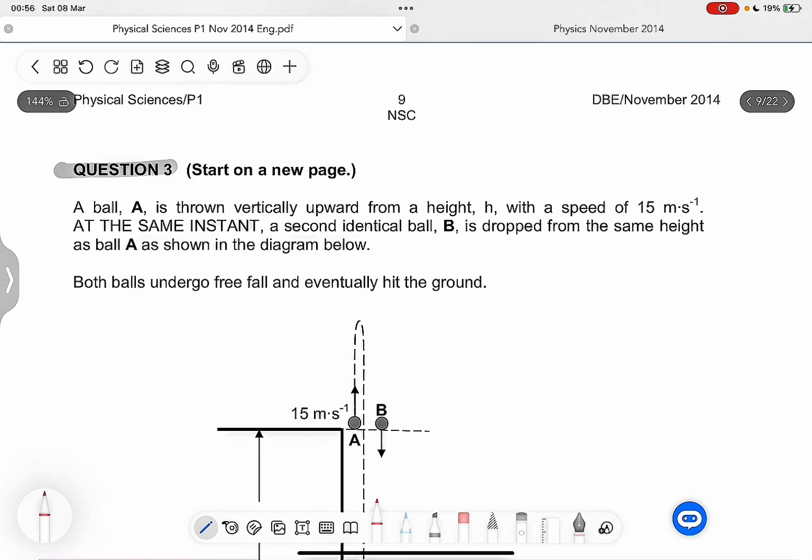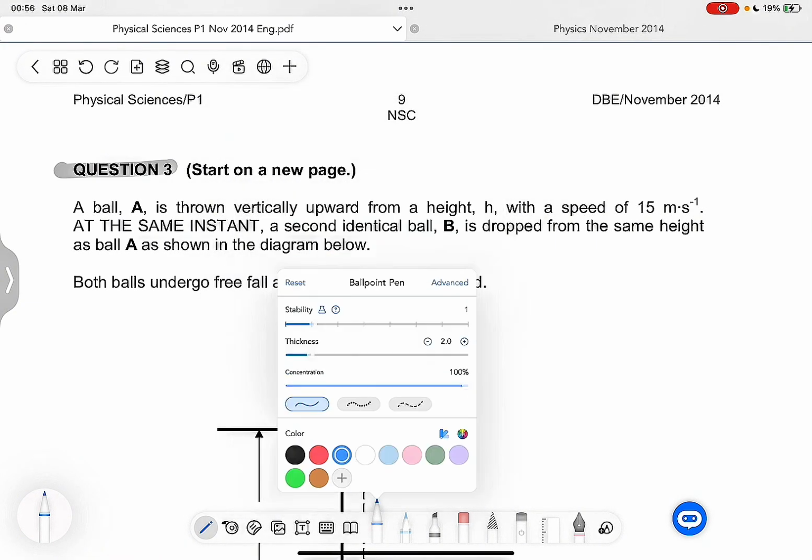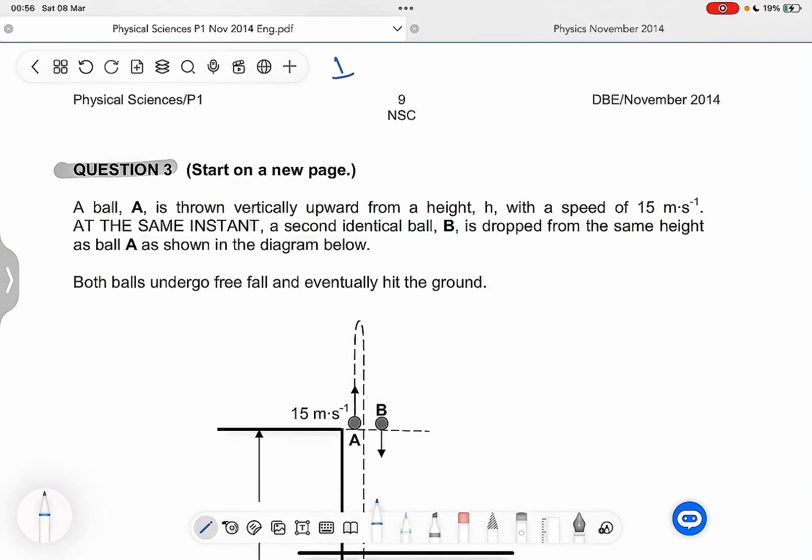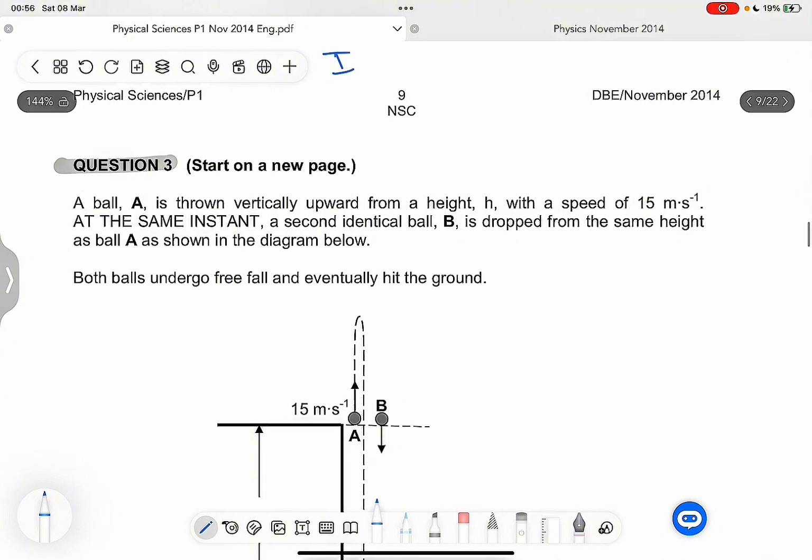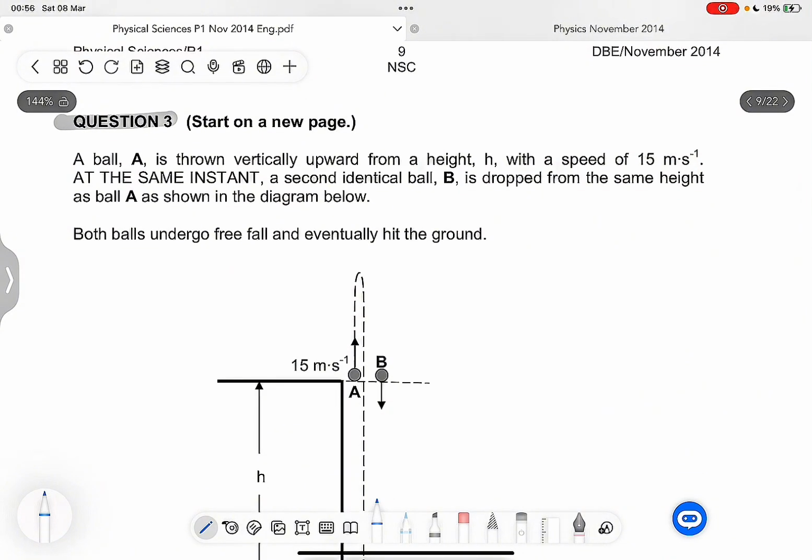Now, to do this question 3, we'll begin first by interpreting the problem. The question reads as follows. A ball A is thrown vertically upwards from a height h with a speed of 15 meters per second.